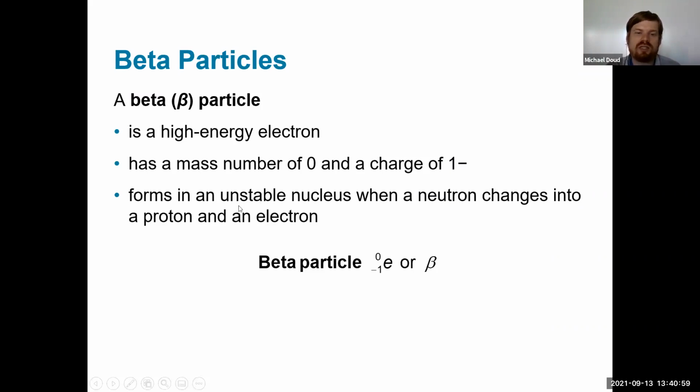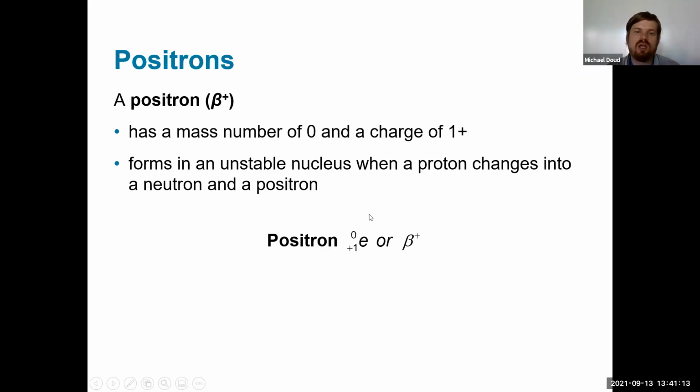This kind of explains why a neutron is heavier than a proton, because neutrons flip into protons and produce an electron.